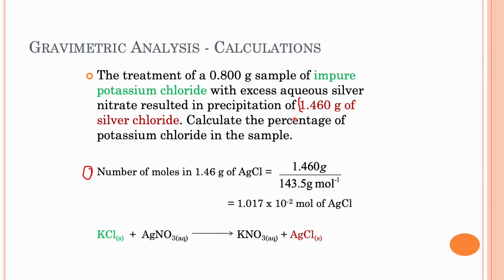From this question, you're given the mass of your silver chloride. With the mass and the molar mass of your silver chloride, you can determine the number of moles of your silver chloride. Once you have the number of moles, you can determine the mole ratio by writing down a balanced equation showing the reaction between your potassium chloride and your silver nitrate.